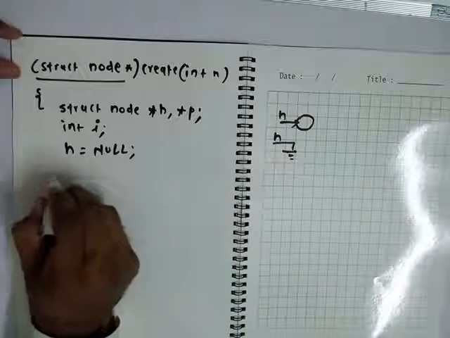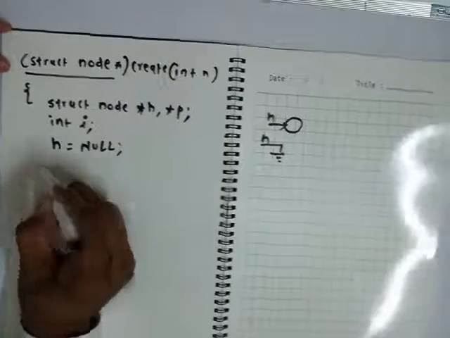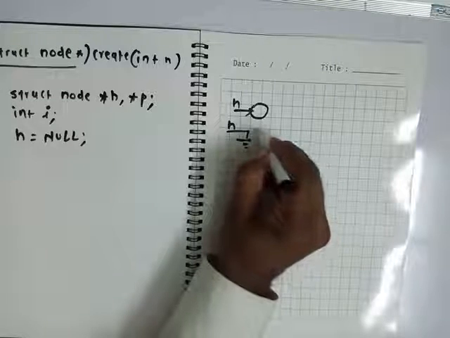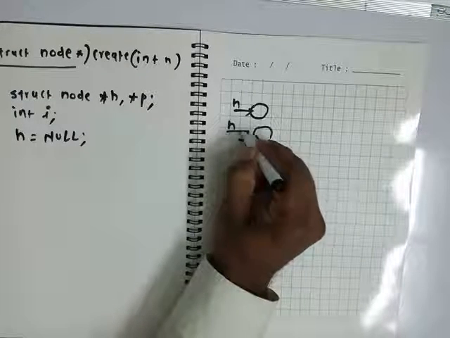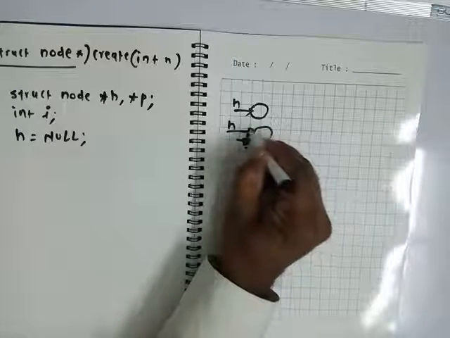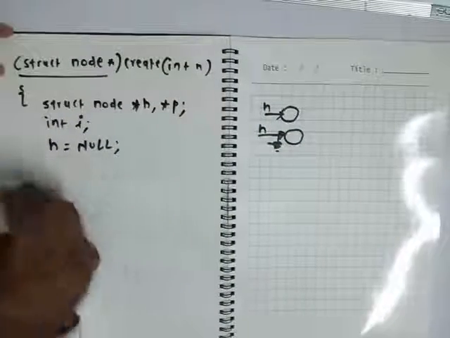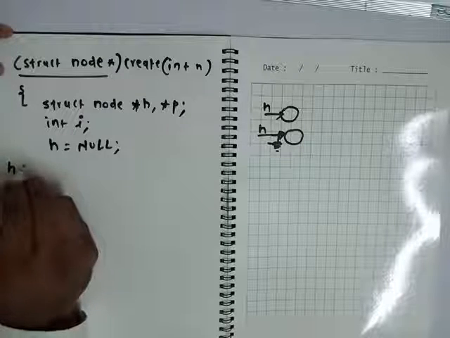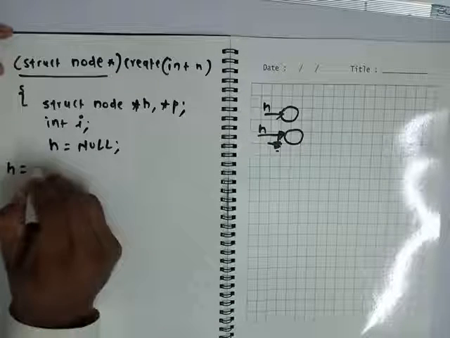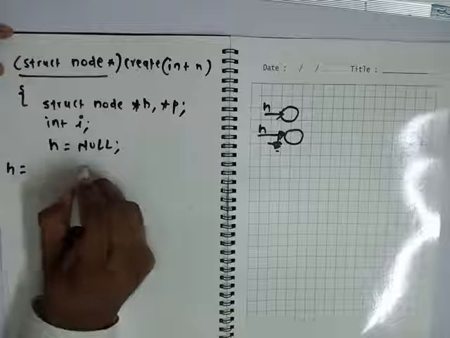Now I'll demand memory and I'll point that memory by h. So I'll create a node and point that node by h pointer. I'm going to assign some memory to h, so that memory I'll demand by using malloc.